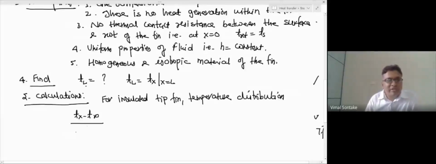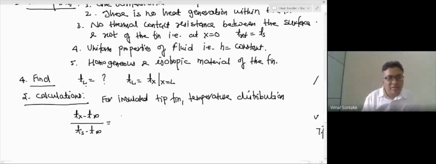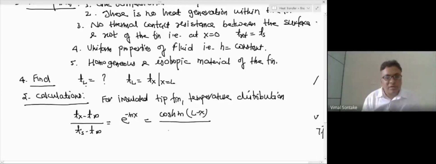The notation will be different, but this is the formula for insulated tip fin. Let me refer to my data book. The formula is given like this: e to the power minus mx, or cosh of m(L minus x) over cosh of mL. Which formula is given, whether in this form or this form? Please check.